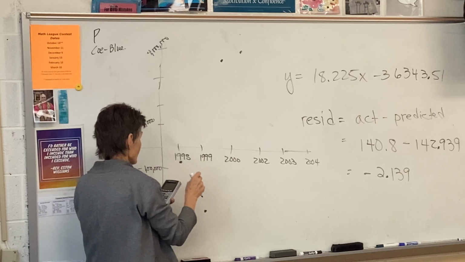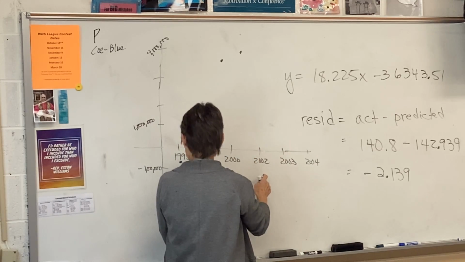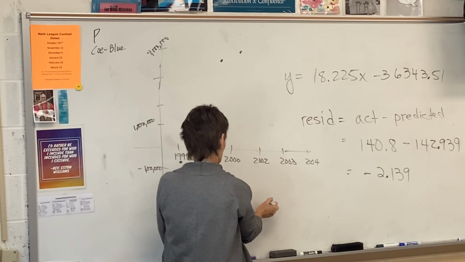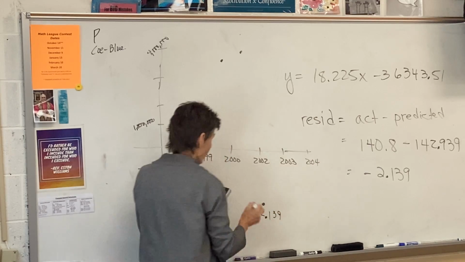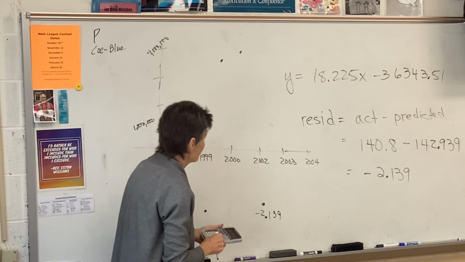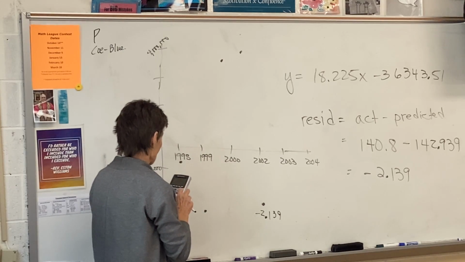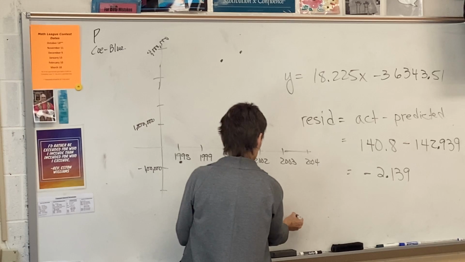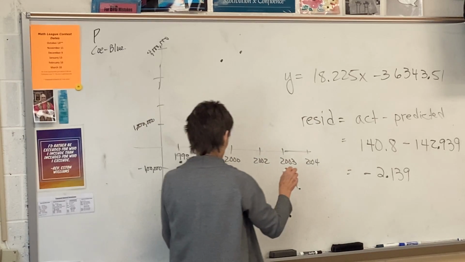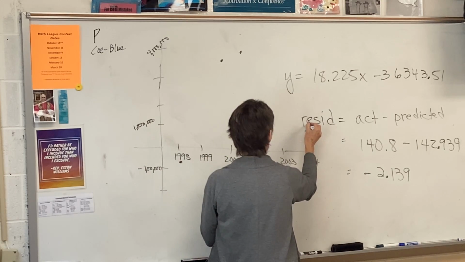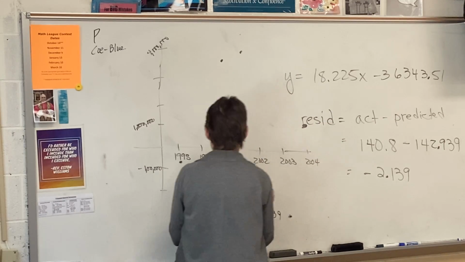And then for 2002, which is the one that the question asked me about, I got negative 2.139. Oh my gosh. How cool is that? Exactly. So there's my residual plot.